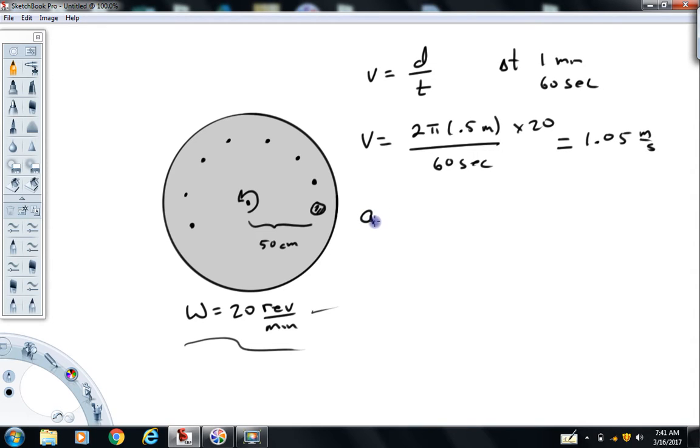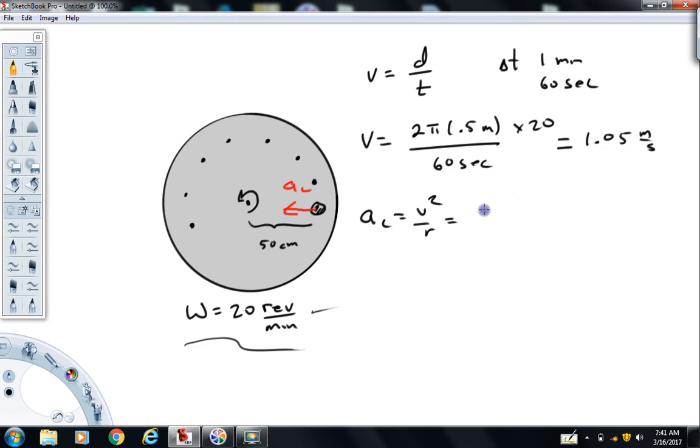Next, we're going to calculate its centripetal acceleration. Because the velocity vector is changing in direction, we've got an acceleration. That acceleration, I'm going to draw that vector in red. Centripetal accelerations always point towards the center of curvature, and they have a magnitude equal to v squared over r.